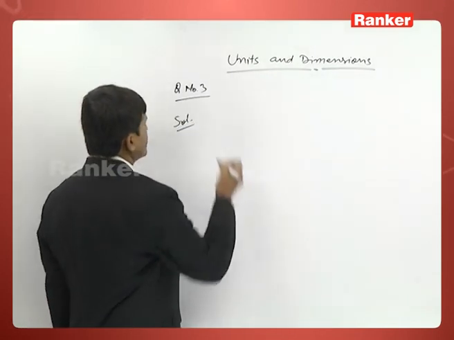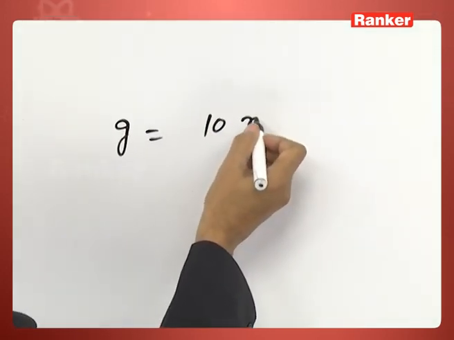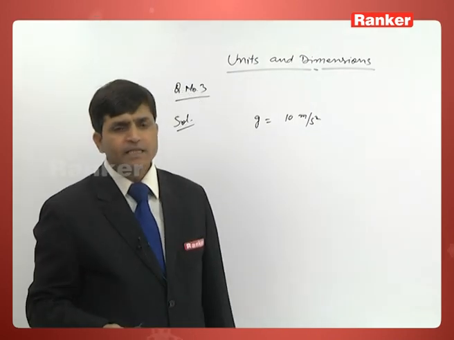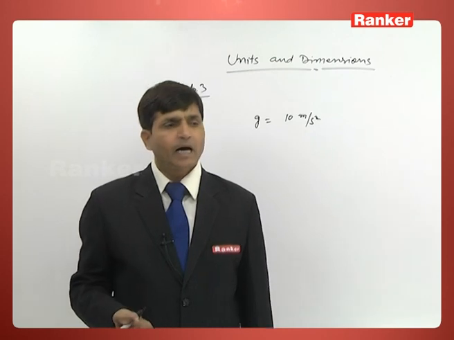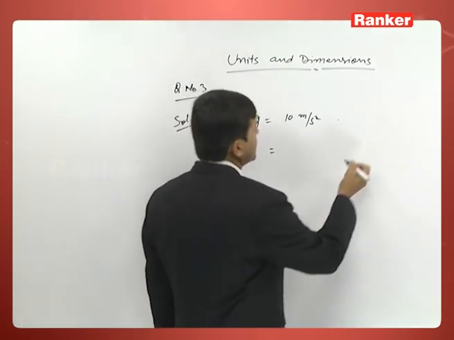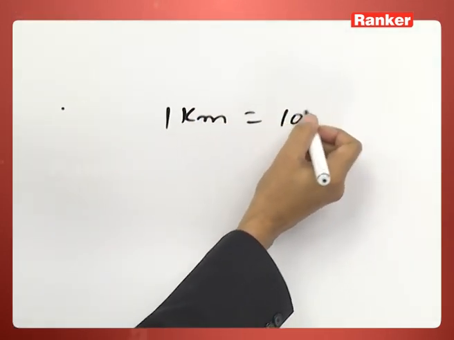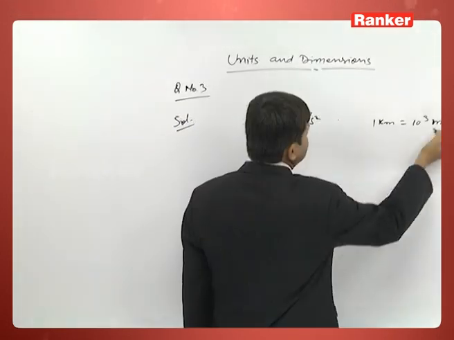As we know, the g value is given as 10 meter per second square, and now we would like to change this g value into kilometer and hours. If we want to change into kilometer and hours, 1 kilometer is equal to 10 to the power 3 meter.